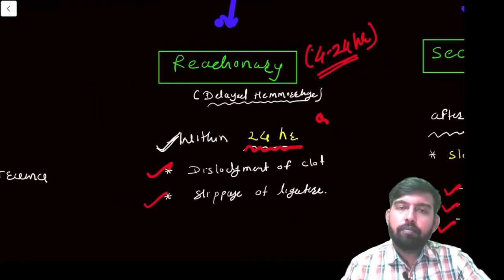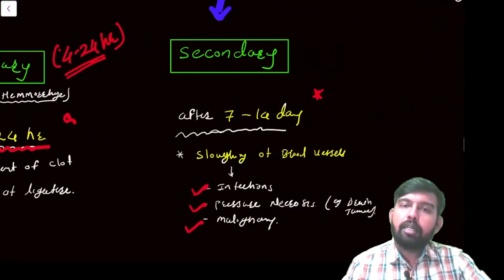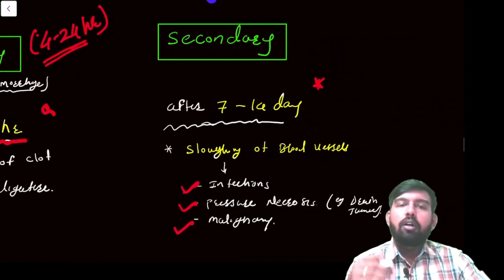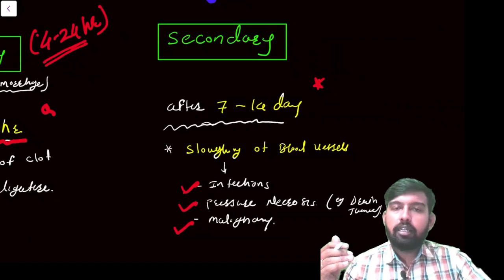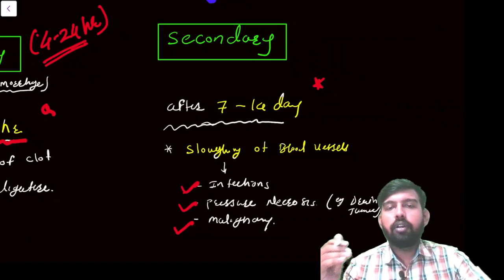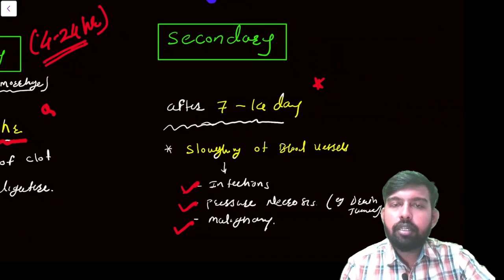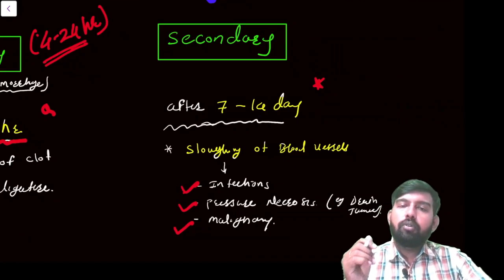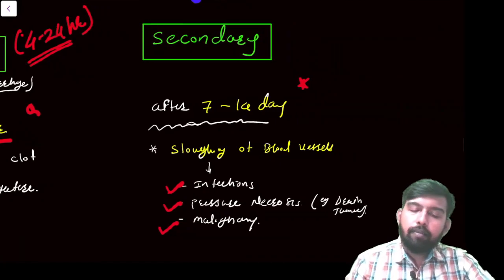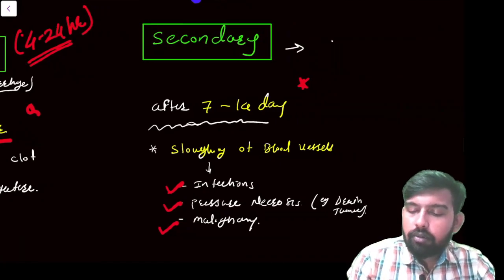The last one is a secondary hemorrhage. It mostly occurs 7 to 14 days after the surgery. The most common cause of secondary hemorrhage is infection.